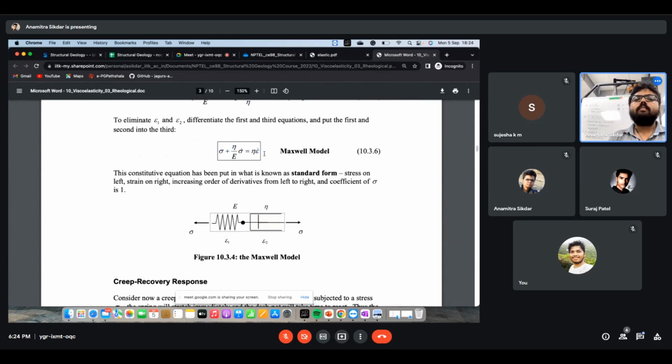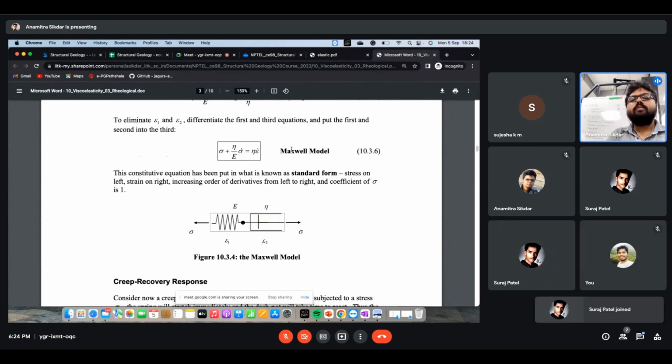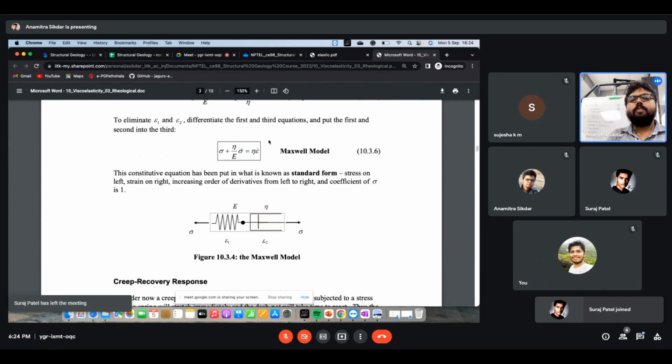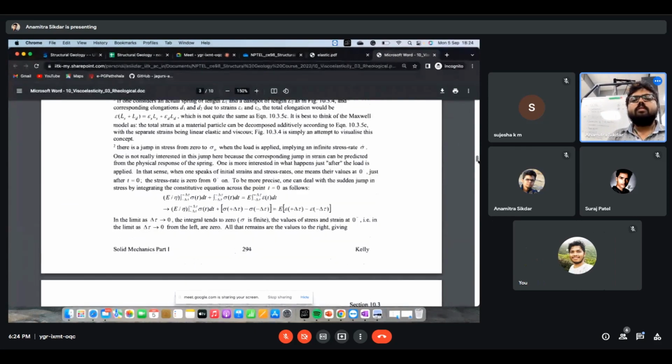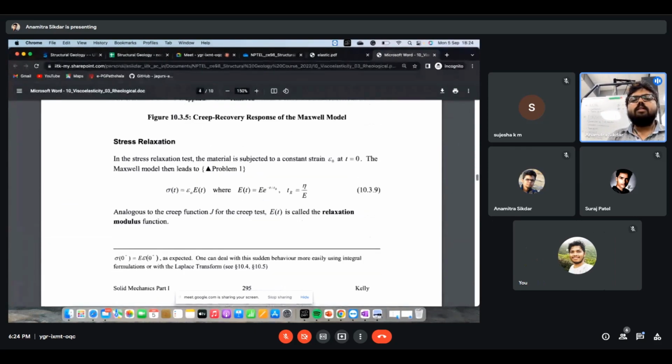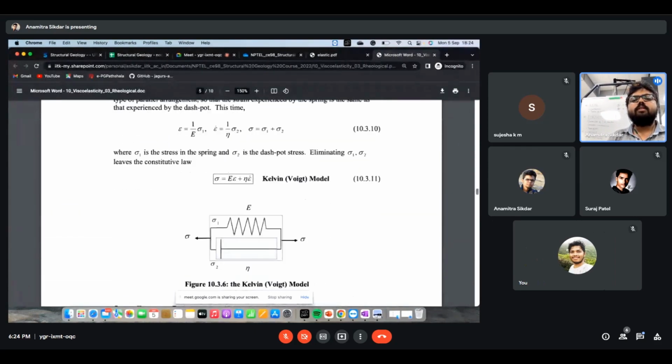then this equation becomes this. What we have to do is differentiate the spring part, and then you will get this equation, and just add them up. If you add them up, this becomes the Maxwell model equation. The other model is the Kelvin or the Voigt model.